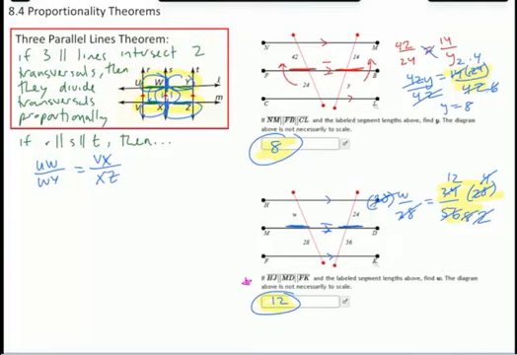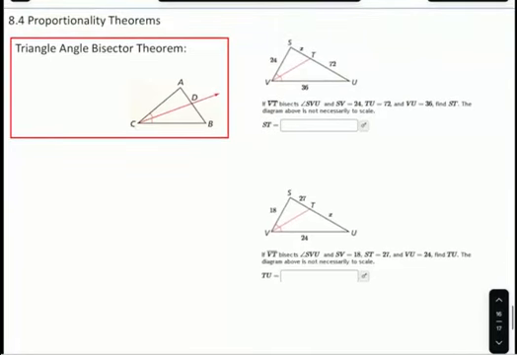All right, so those are the two proportionality theorems that deal with parallel lines. This last one's going to be dealing with an angle bisector of a triangle and how that relates the segments and sides. And so here's what this is stating.